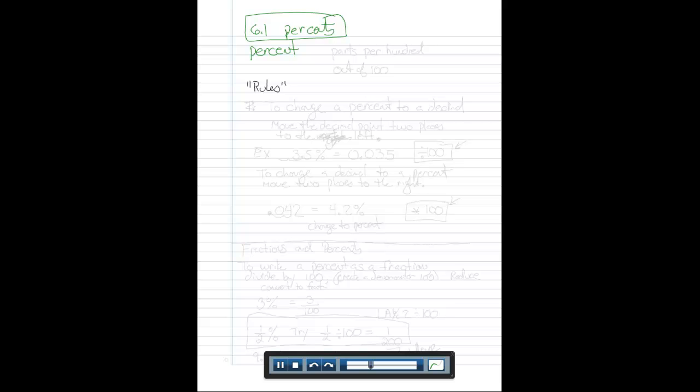Times by 100, or numbers that go into parts per 100, or how does it go? Any of these? I'm hearing lots of good ones. Parts per 100, out of 100, that kind of statement.